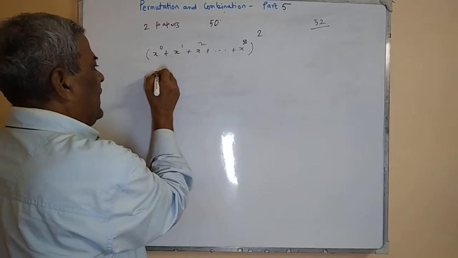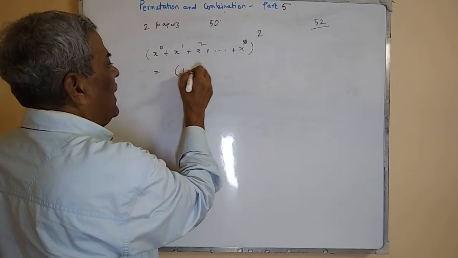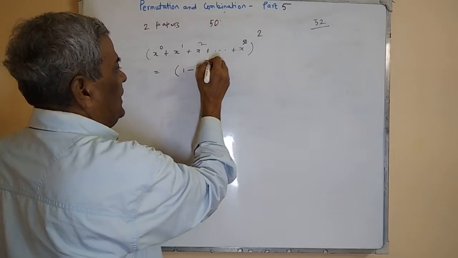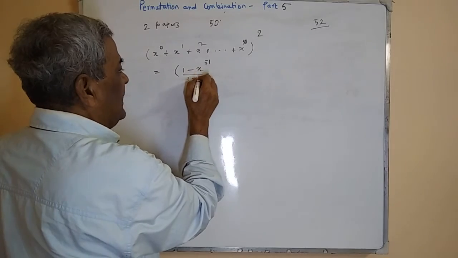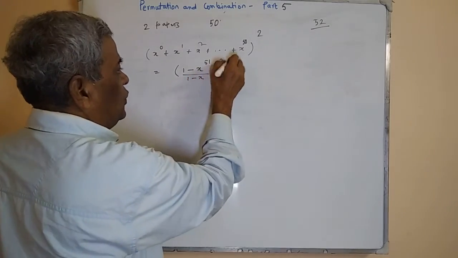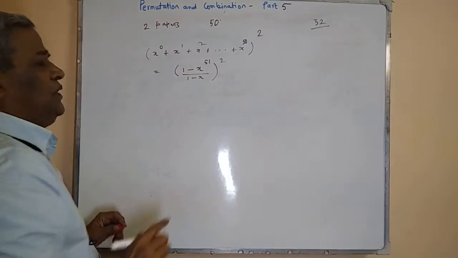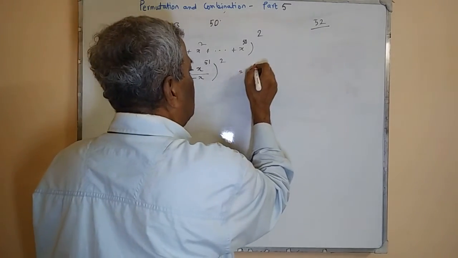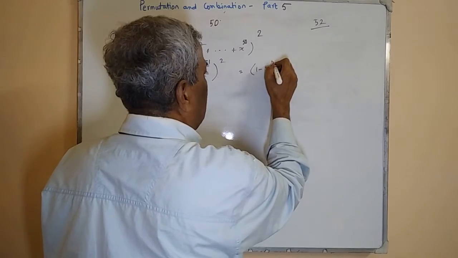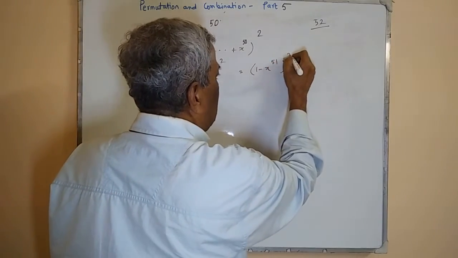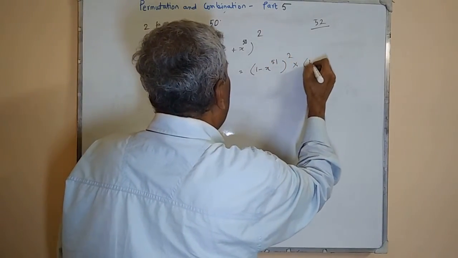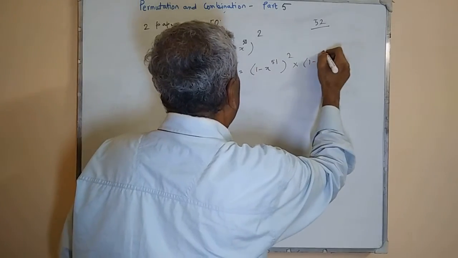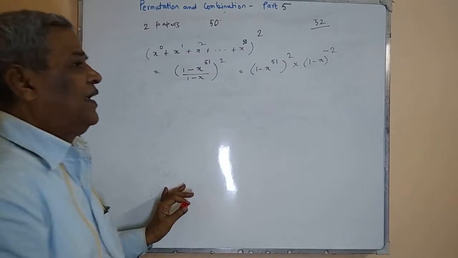It is actually ((1 minus x^51) by (1 minus x)) to the power 2, from the GP. So it is equal to (1 minus x^51) squared into (1 minus x) to the power minus 2.